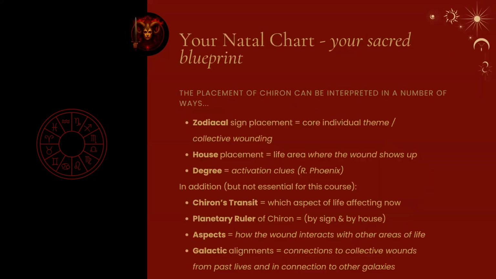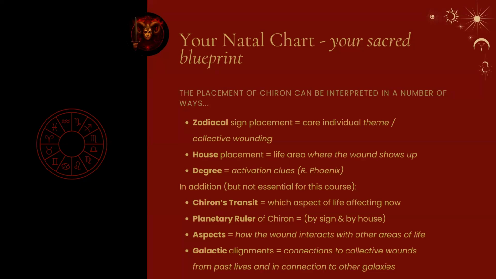So the purpose of this, when we're looking at your birth chart or your natal chart, is first of all to find where Chiron is situated in your birth chart. We can do it in a number of different ways.